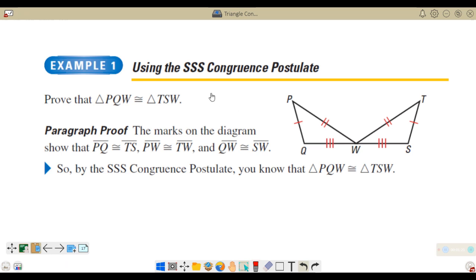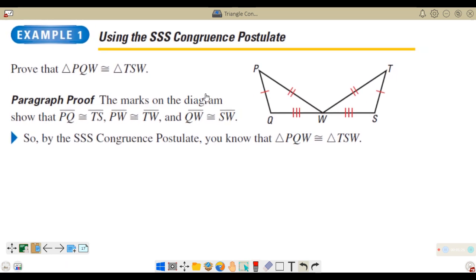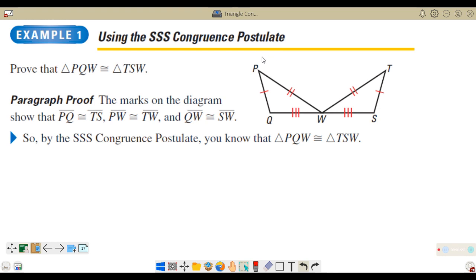So, now, let's try to apply the SSS congruence postulate in this pair of triangles. We have to prove that triangle PQW is congruent to triangle TSW. The marks on the diagram are already given, so we have a clear idea on what sides are congruent.